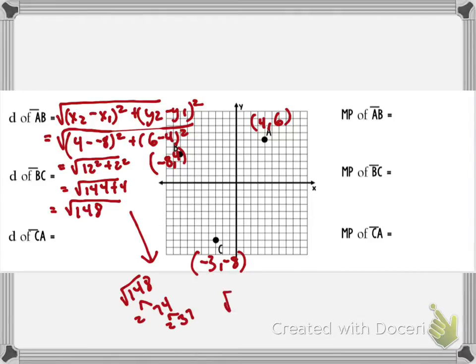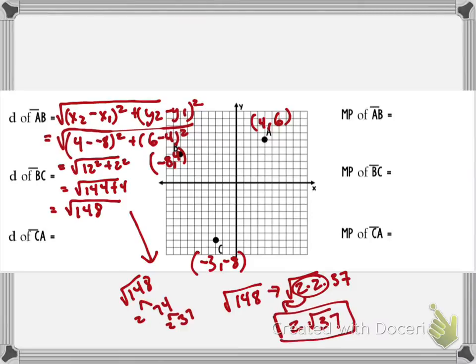So the square root of 148 is the square root of 2 times 2 times 37. Bring out the 2's, and I have 2 radical 37. So the distance between A and B is 2 radical 37. This one's long. It's not very difficult, but the calculation is long.